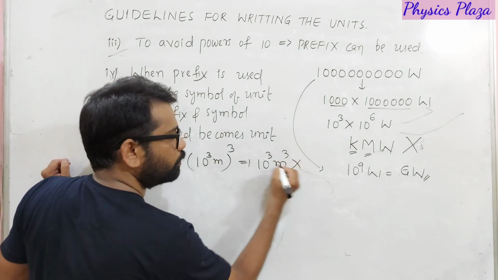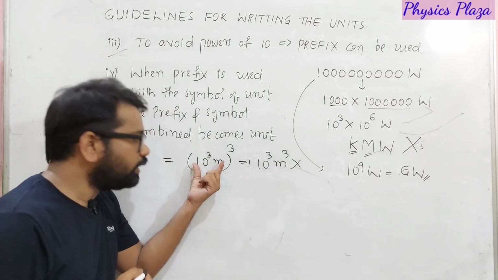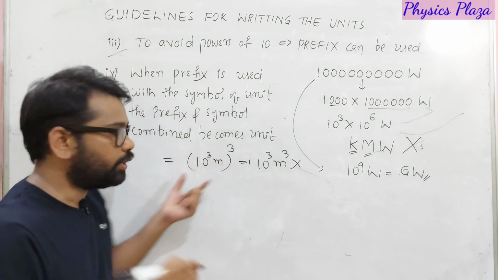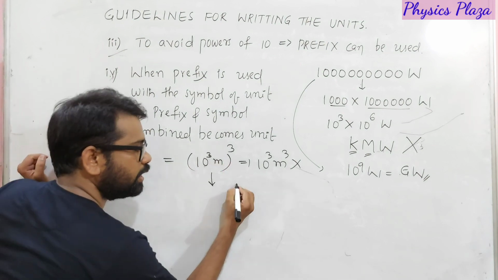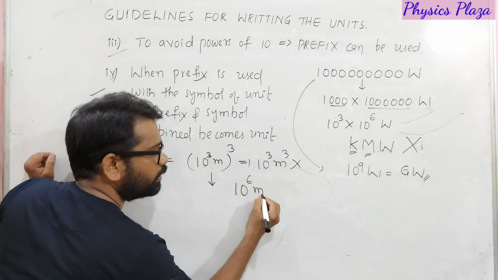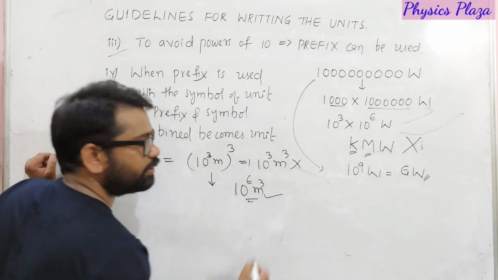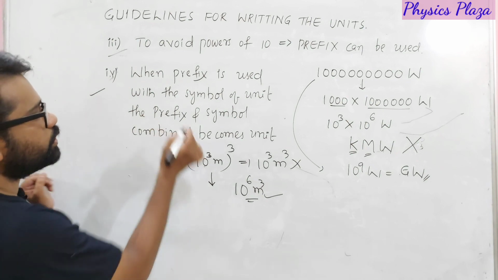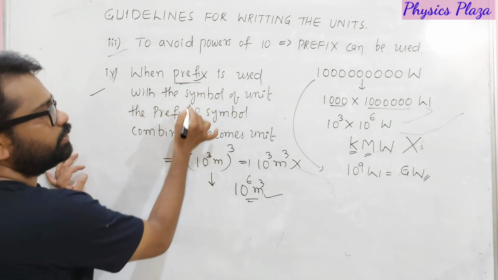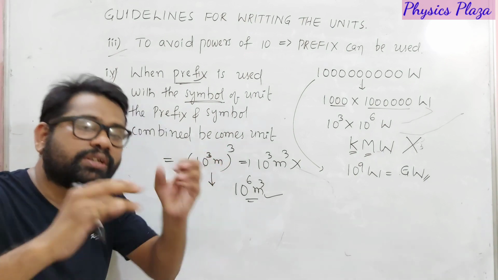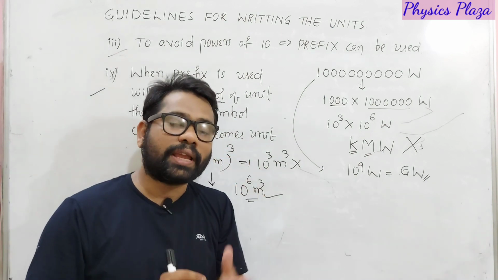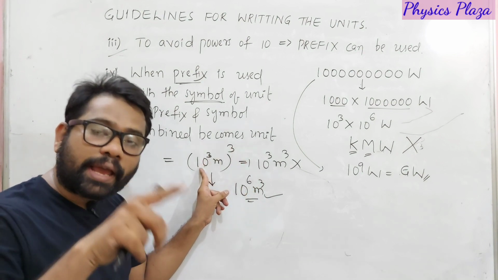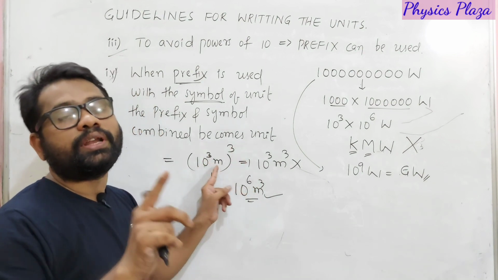It is wrong, because this combination together becomes the actual unit. So we should write this as 10 power 9 meter cube. So this is right. Whenever you use a prefix with a symbol, we should take the combination as a unit, so the power is applicable to the prefix as well as the symbol of that unit.